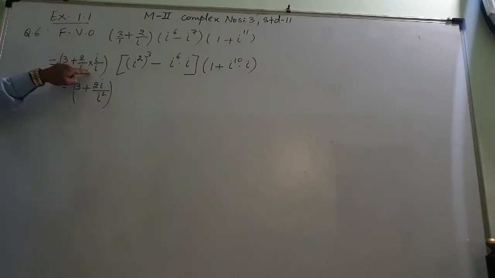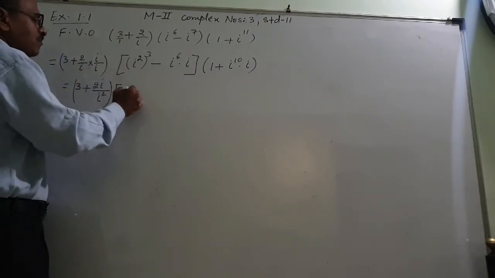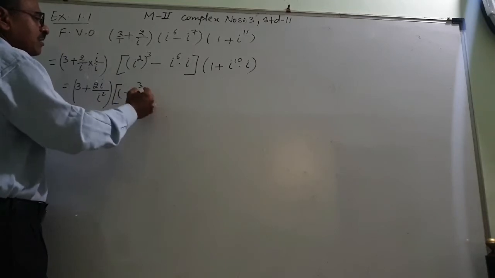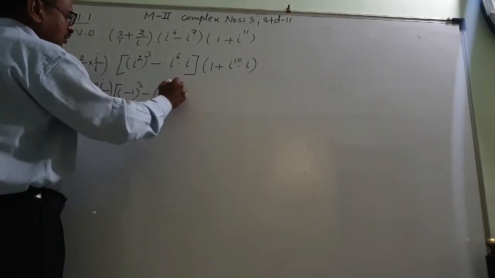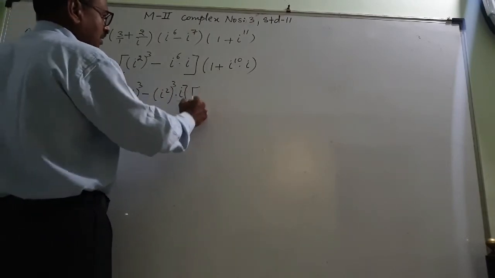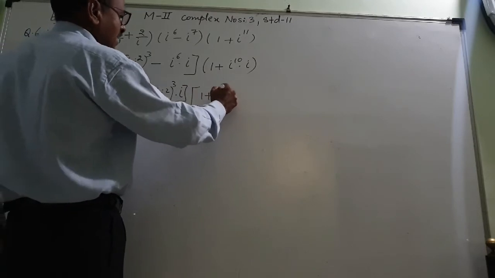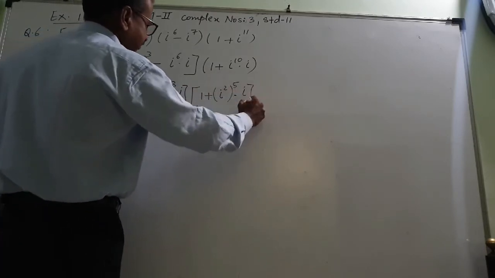Multiplying and dividing by i. This itself we have solved. Into this, (i square) which is minus 1 raised to 3, minus this is i square its cube into i. This will be (1 + (i square) raised to 5 into i).